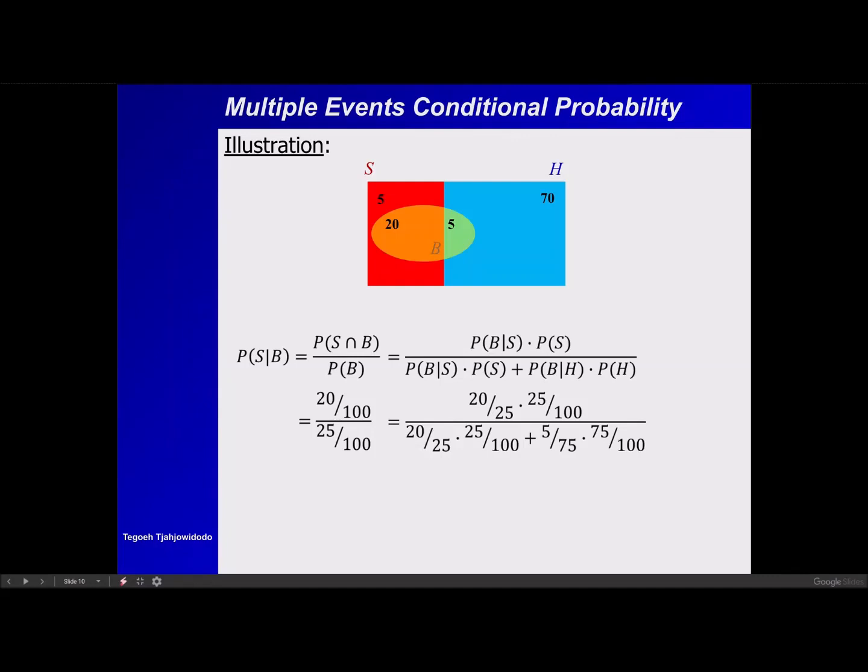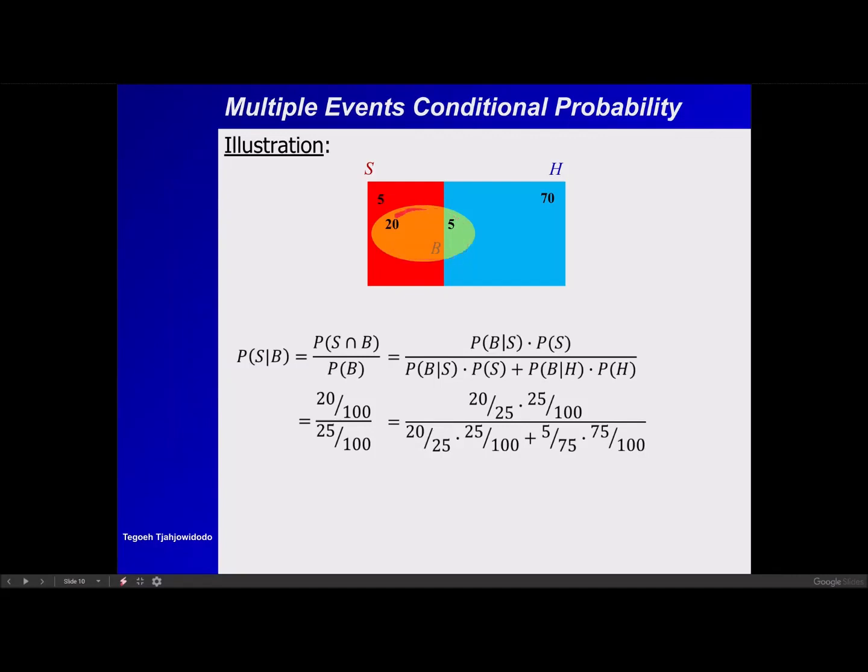So if you want to calculate the probability of event S given B, so probability of event S given B, right? We have B, but how many of them are S? If you look at this Venn diagram, the probability of S given B technically will be 20.